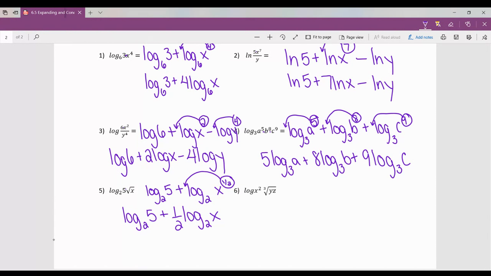We've got log of x squared times the cube root of y times z.